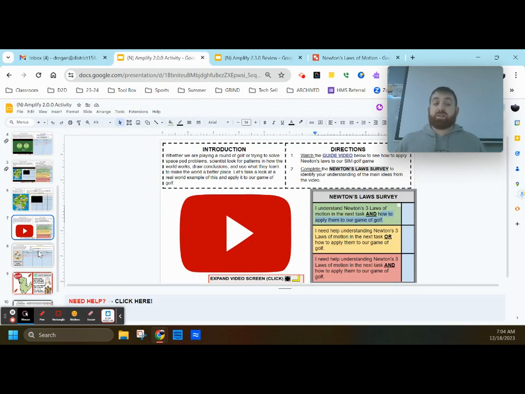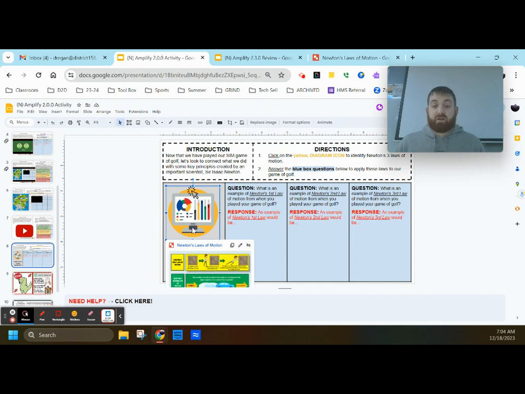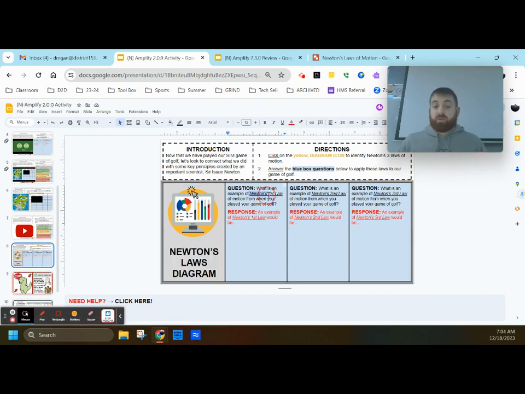So when you get to this next task, you can click on the diagrams to see those three laws that we just showed you. And your job will be to find an example of Newton's first law, second law, and third law for the game of golf, looking to apply real scientific principles to a real world example, in this case, golf.